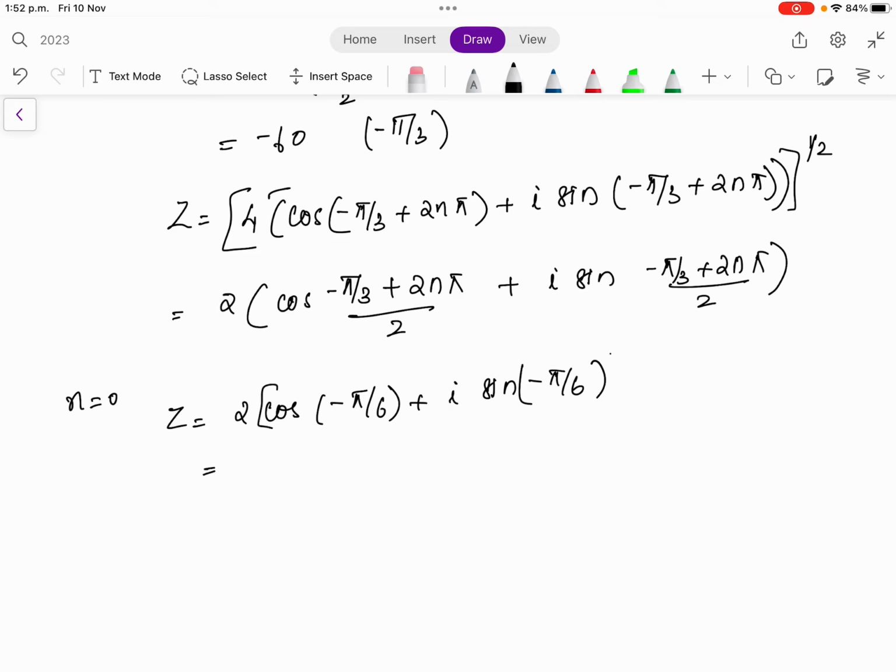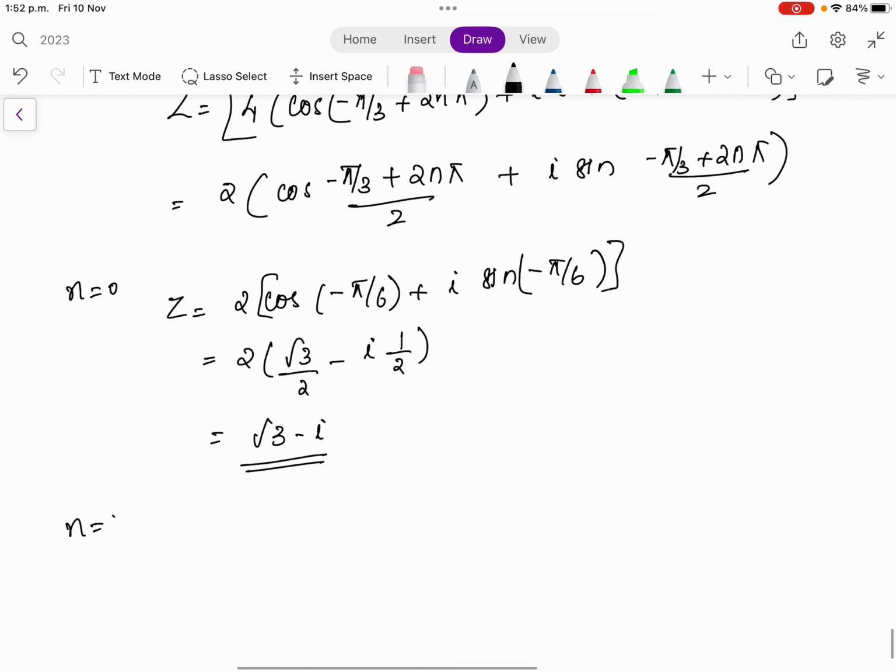That is equal to 2 into [root 3 by 2 minus i times 1 by 2], that is equal to root 3 minus i. So that is the first root. Then the second one is n is equal to 1.